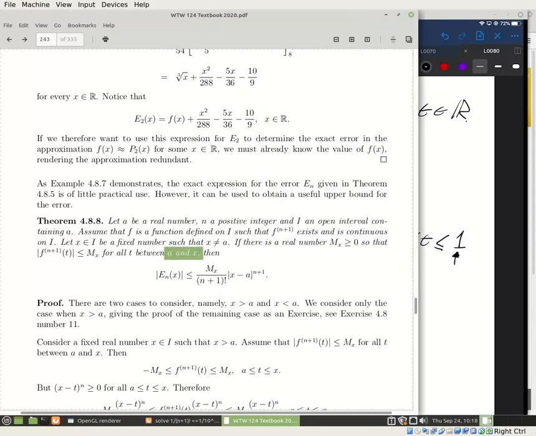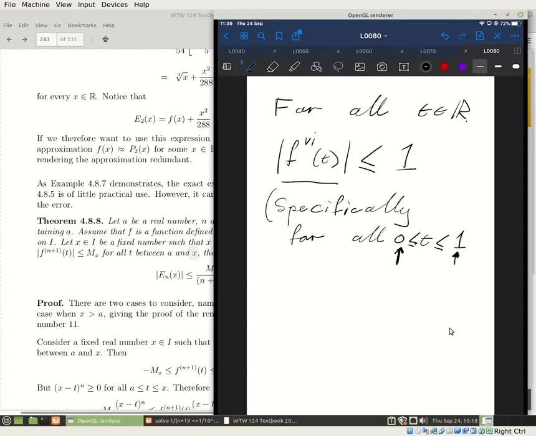So this bound only needs to hold between all numbers between the a about which you are expanding your Taylor polynomial and x, the value at which you want to determine the error. So specifically for these values, we also have that the sixth derivative of f of t is less than or equal to 1.